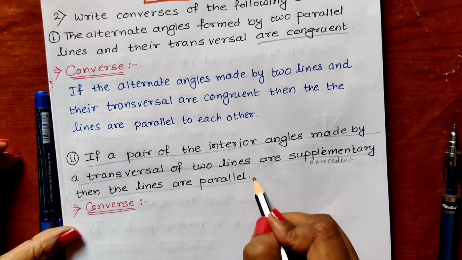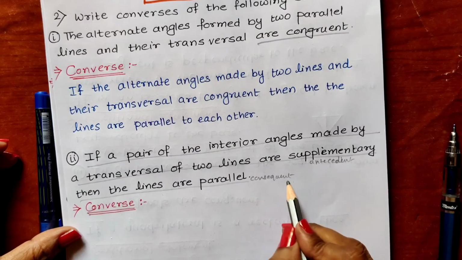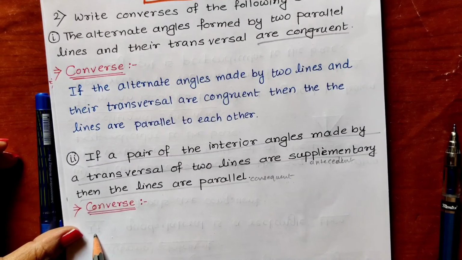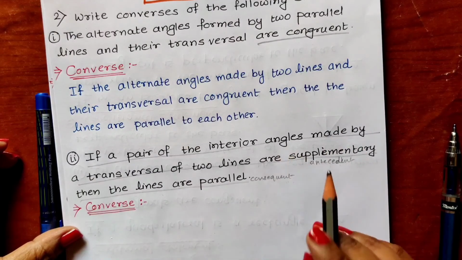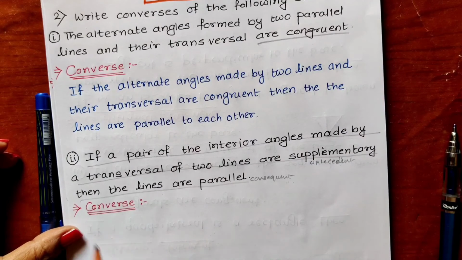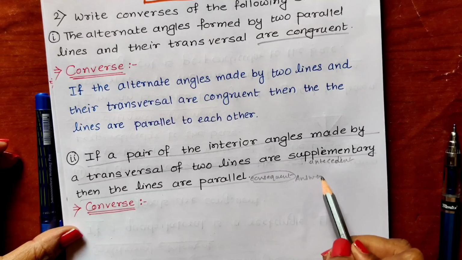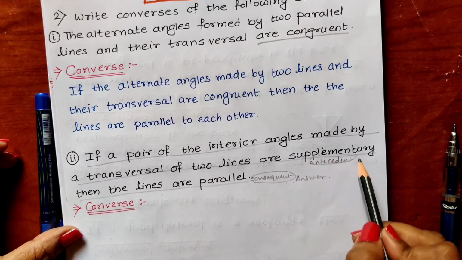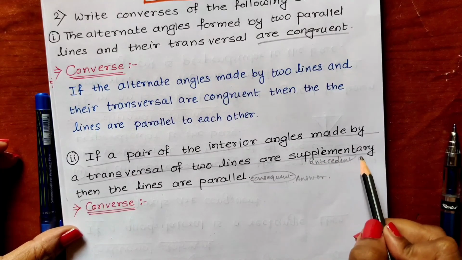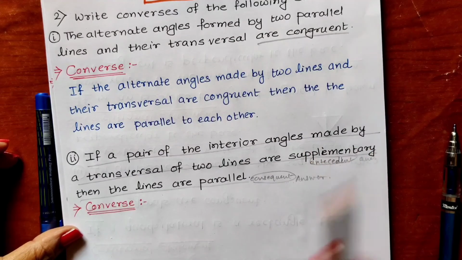The lines are parallel is consequent. But this consequent we have to take as antecedent in its converse, and antecedent will be consequent in the converse. So this consequent means answer. Answer will become question now, and question will become answer now. Okay. So this is question. So question will become answer and answer will become question.